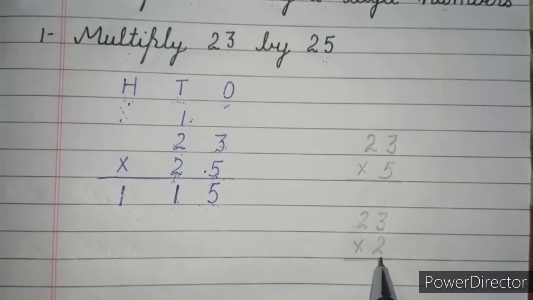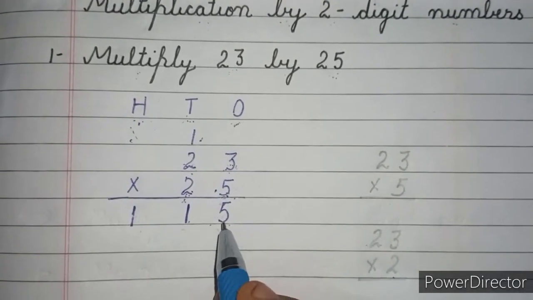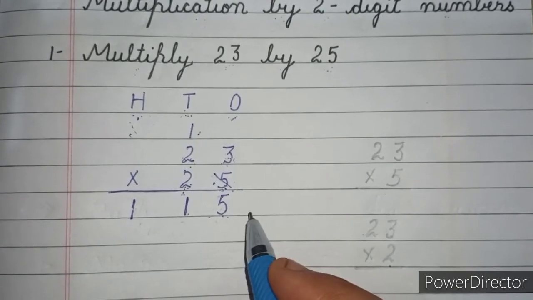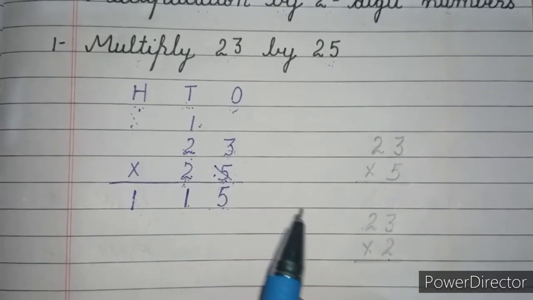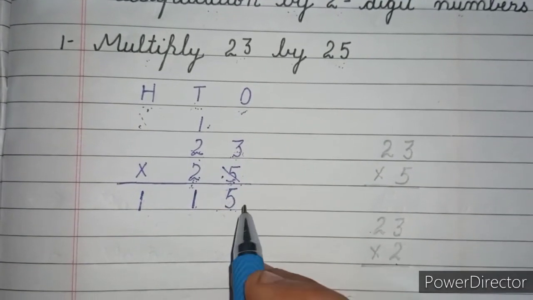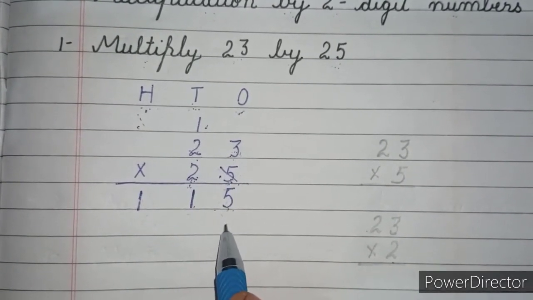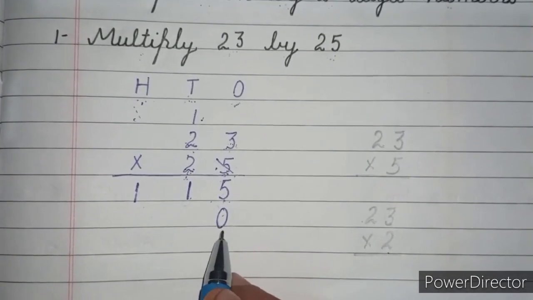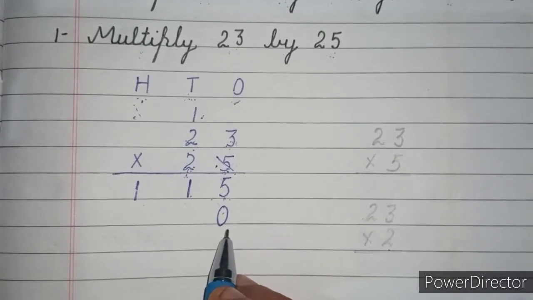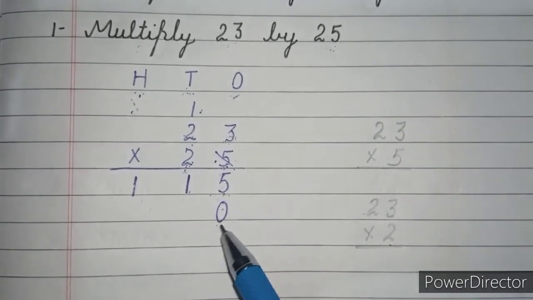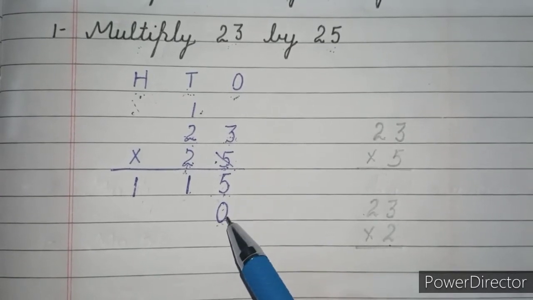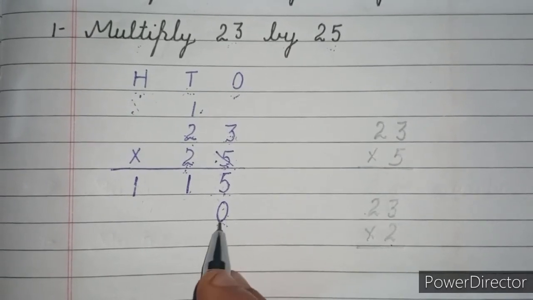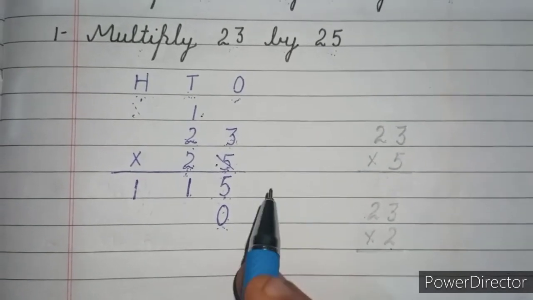Children, we will cut this 5 because we have already multiplied by it. First we will put 0 or a cross below the 5 because we don't have to write any number here.